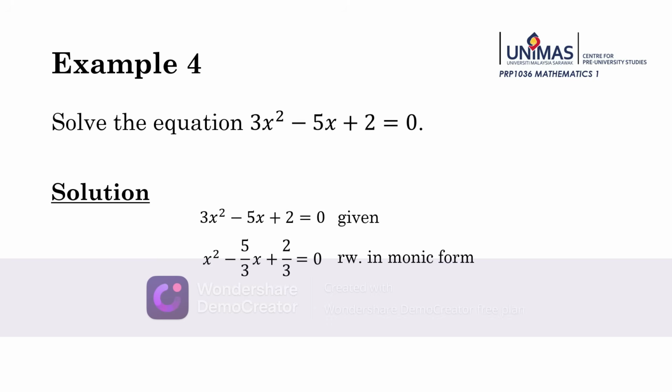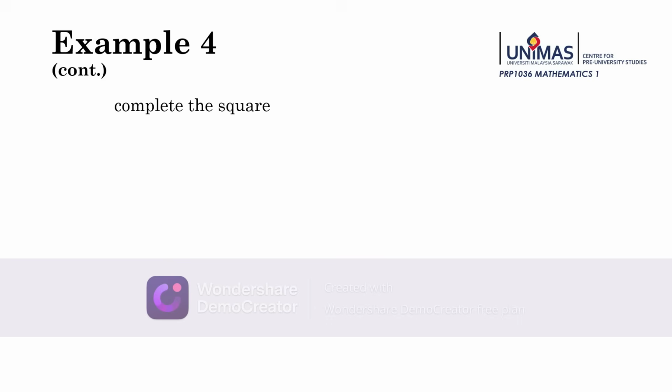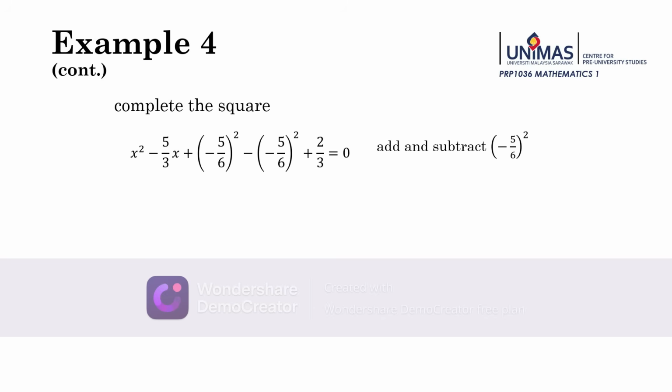Okay. So you must change your equation to the monic form by dividing every term by a, which is equal to 3. Your quadratic expression has coefficient a equal to 3. Then you do the completing the square.